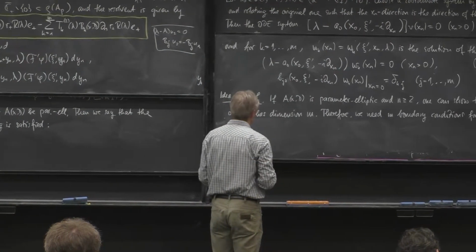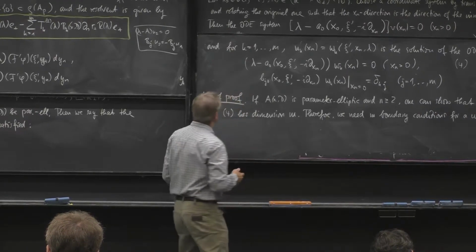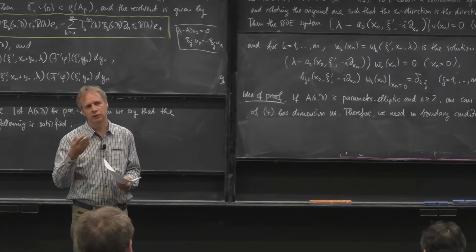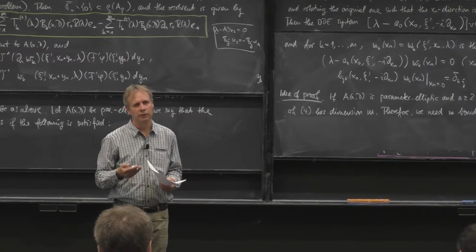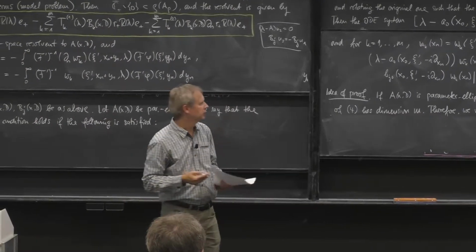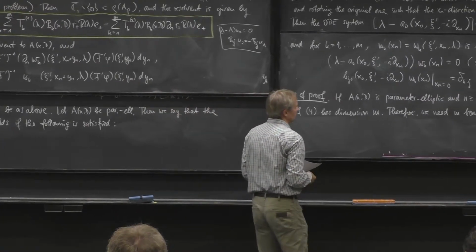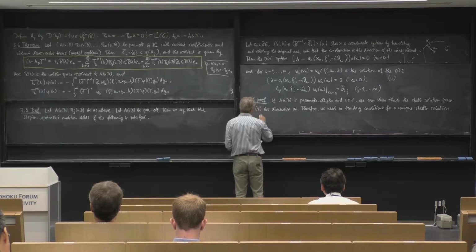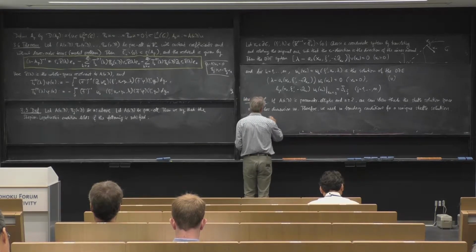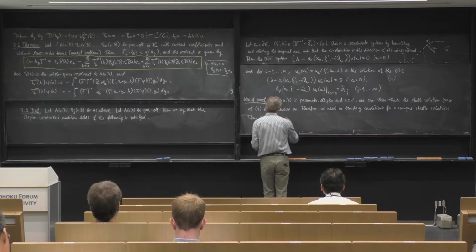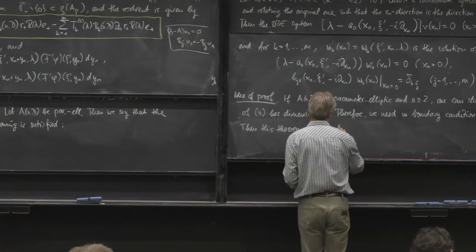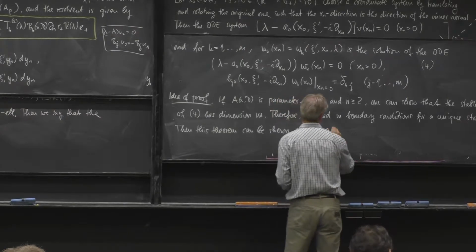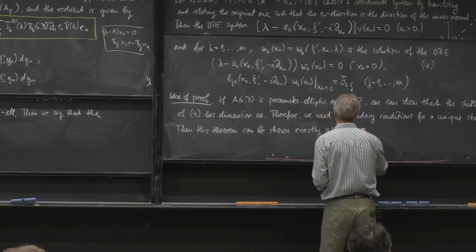And then the remainder is exactly as in the example. We subtract the whole space solution, and then we solve the ODE. We know here the basis, and then this result, this theorem, can be shown exactly as in the example.